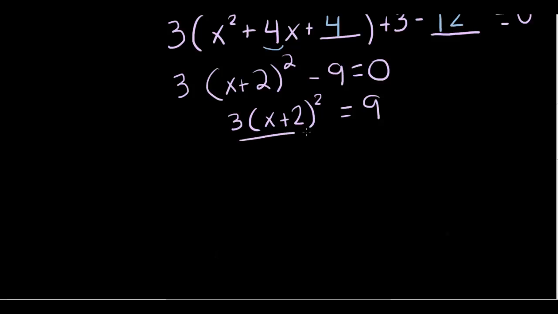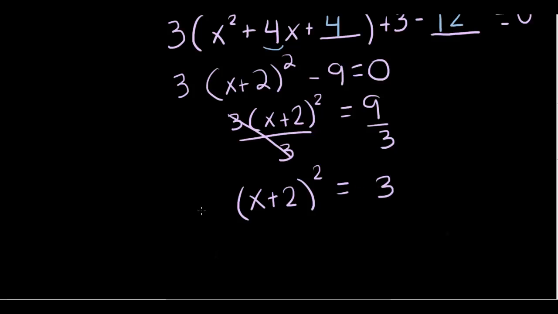We're going to divide both sides by 3. So this one cancels because 3/3 is 1. So we'll have x plus 2 squared equals 9/3, which is 3.